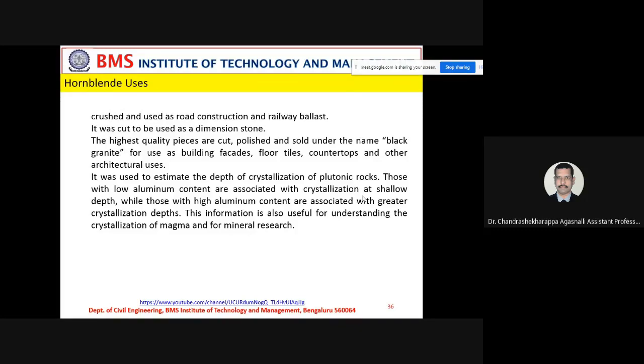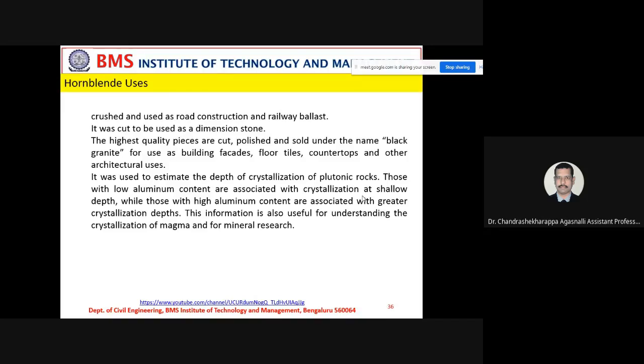When you see the railway track, there are a lot of varieties of rocks, or aggregates, of bigger, coarse sizes, put before fixing the track. Because of its high hardness, generally we use this as railway ballast. It can also be cut and used as dimension stone, high quality pieces cut, polished, and sold under the name of black granite. You can use it that way also.